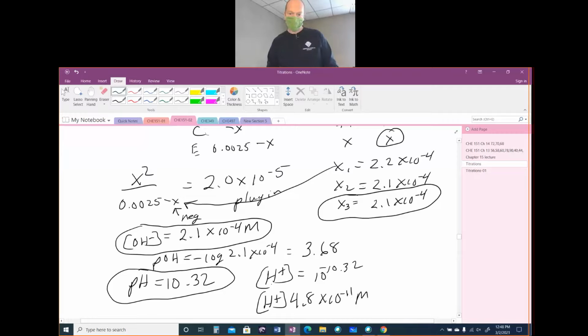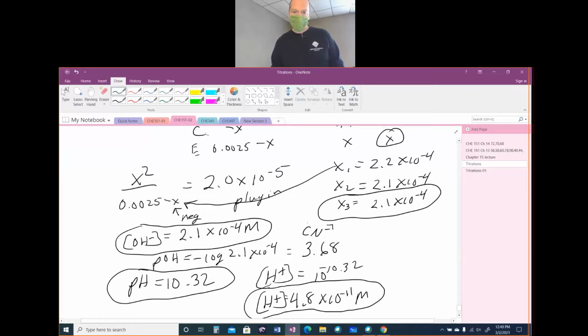All right, and remember that your H plus times your OH minus always equals Kw. So when you multiply your 2.1 times 10 to the minus 4 times 4.8 times 10 to the minus 11, that's going to give you 1 times 10 to the minus 14. And then we have our concentration of our CN minus.